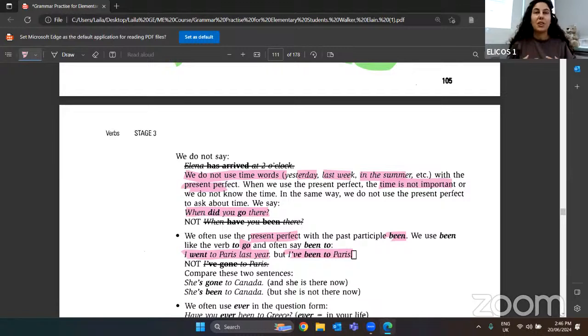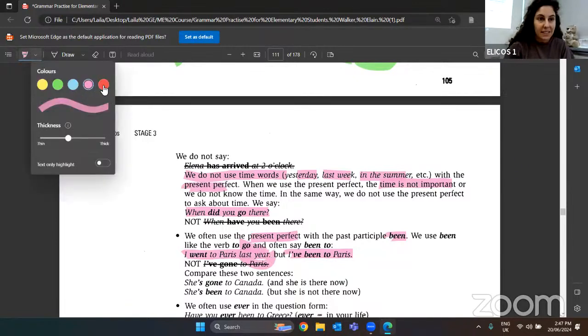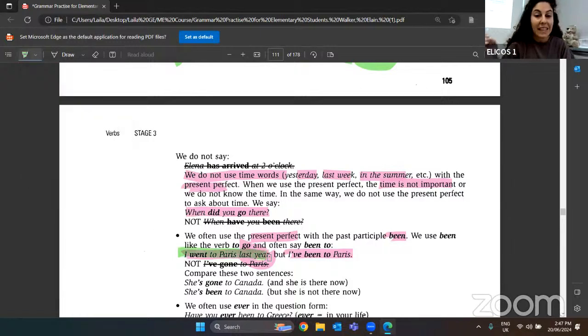So especially when we talk about a location or a city or a place, and I want to say that in the past, I went there, it's just I have been to Paris. So it allows me to say that this maybe is a continuing action. I might go there again. If I said I went to Paris, because there's a time, it tells me exactly when. Remember, this is the past simple. It tells me exactly when I did the action.